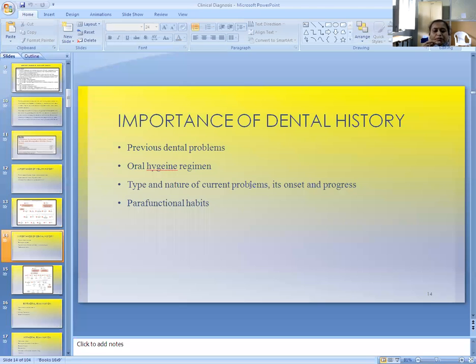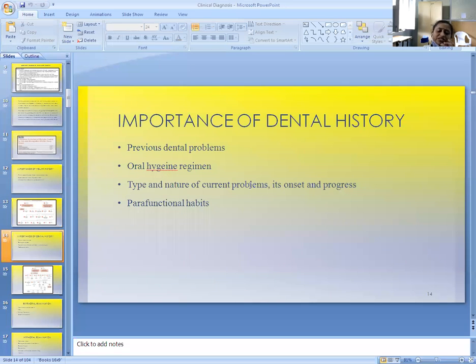You have to ask your patient regarding his oral hygiene, any previous scaling history or oral hygiene maintenance, how he brushes, which kind of brush he uses, how frequently the patient changes his brush. Along with that, any previous history of dental treatment, during which if any untoward event happened like syncope and all, the patient's attitude may change. The patient will feel more anxiety regarding dental treatment.